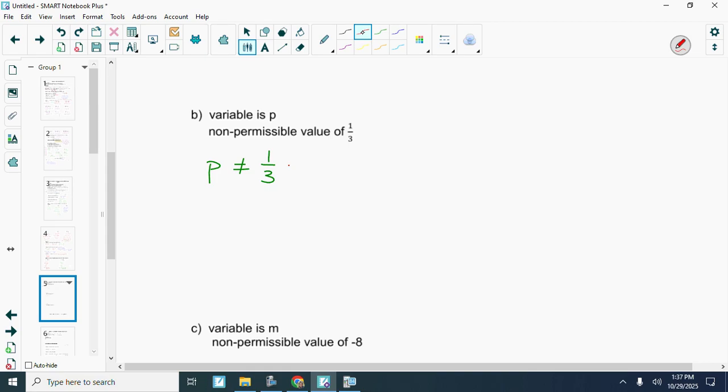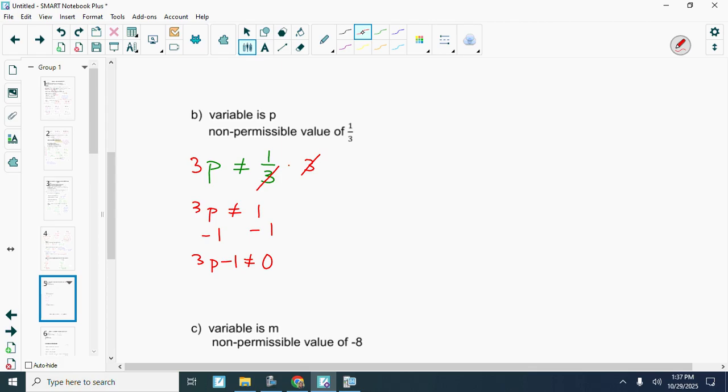So if we multiply both sides by 3, 3 divided by 3 is equal to 1, so our 3's cancel. And now we have 3p cannot equal 1. And if we take away 1 on both sides, we have 3p minus 1 cannot equal 0. You see how I did that?